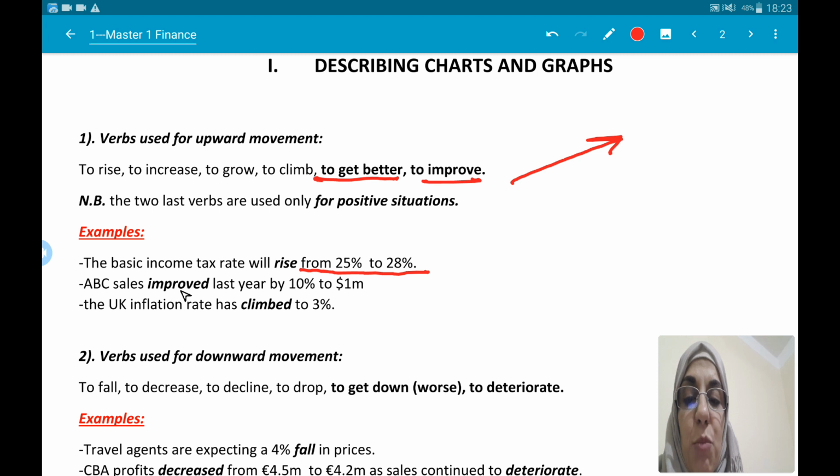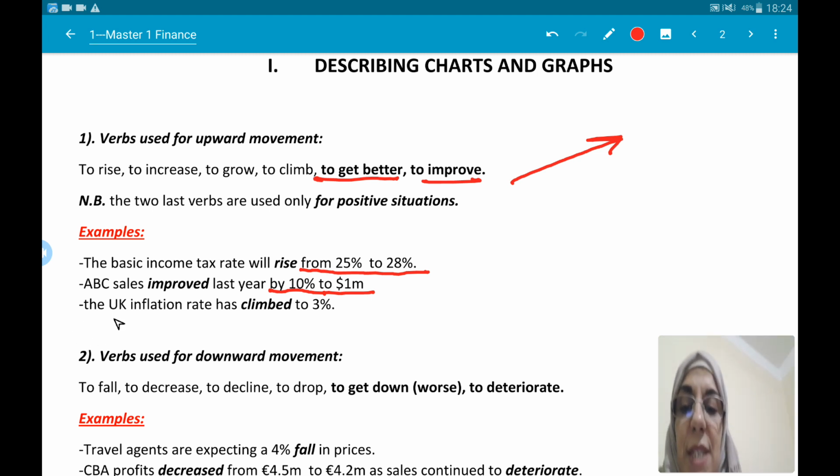ABC sales improved last year by 10% to $1 million. So look at the use of by a percentage to a new status. By, that is the rate of the increase or the growth, to $1 million.